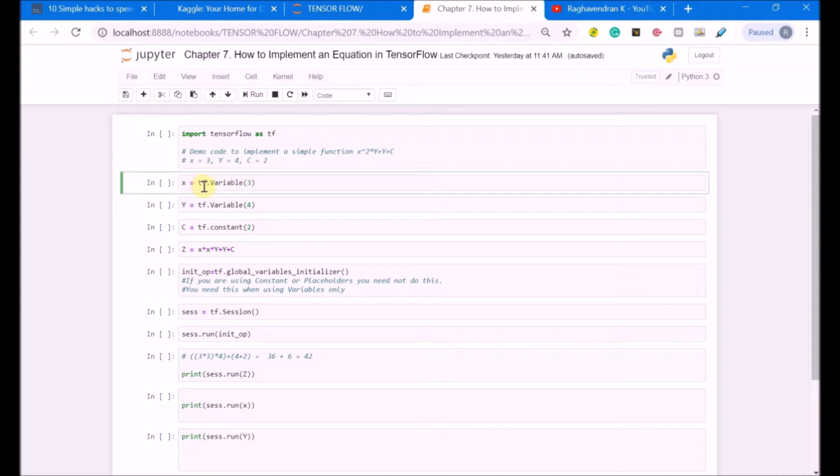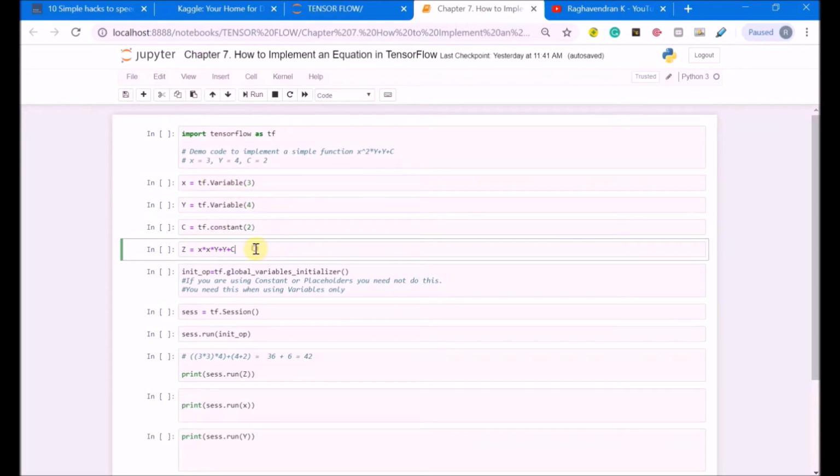We're going to declare x, y and c with the numbers 3, 4 and 2. X and y are variables, whereas c is a constant. Make sure V is capital, c is small.